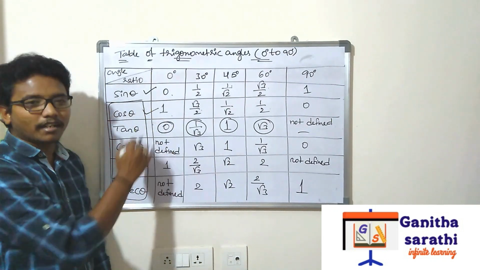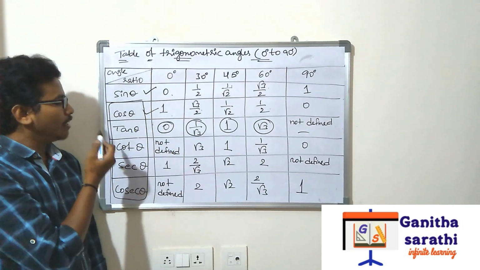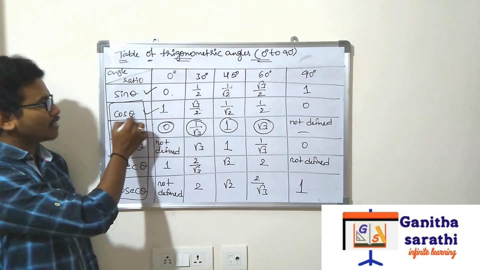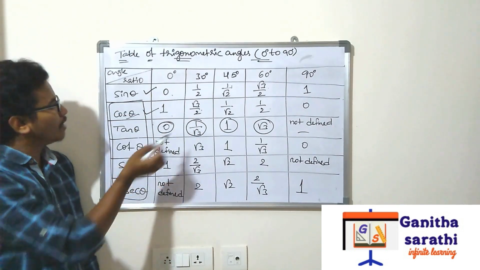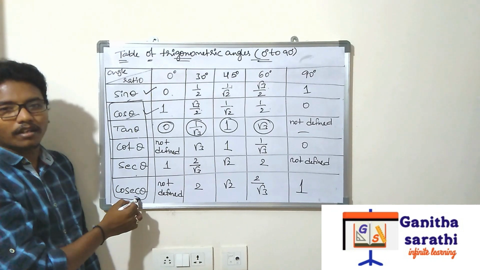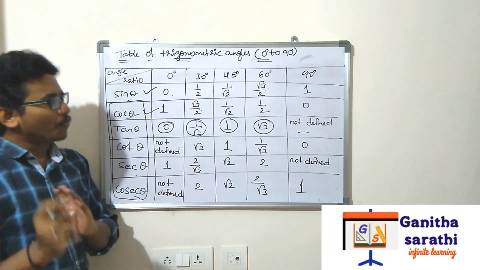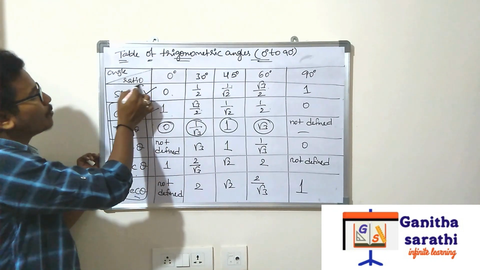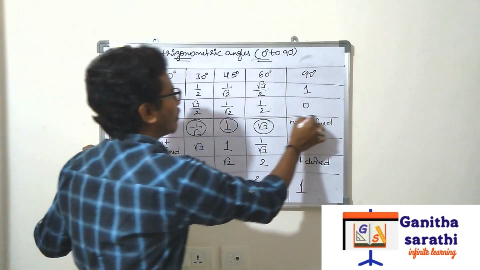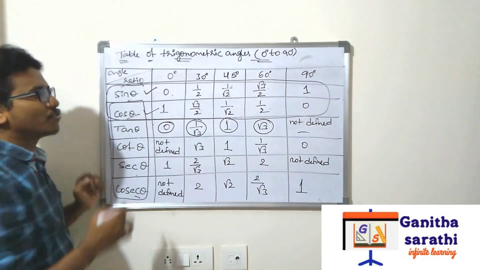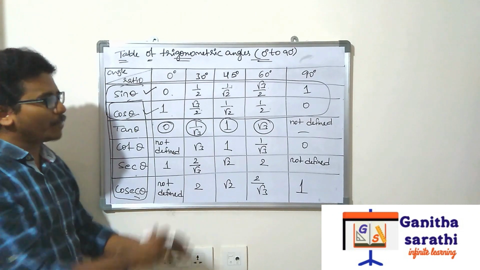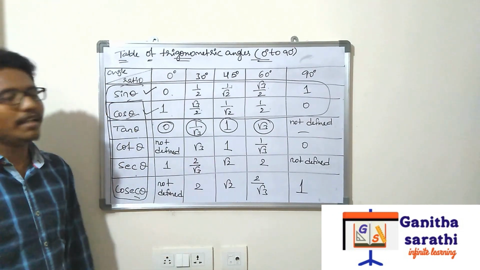If tan is there, the reciprocal of tan is what? Cot. Next step. If you know cos theta, the reciprocal is secant. If you know sine theta, the reciprocal is cosecant. So, moreover, what I want to say is, you should remember these two, definitely. If you remember these two, the total table, any value you can say very easily.